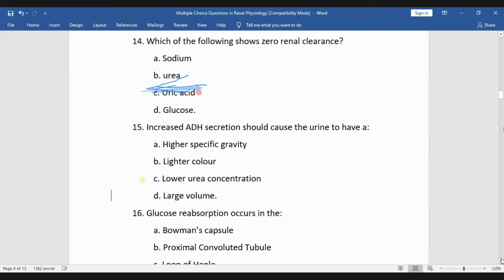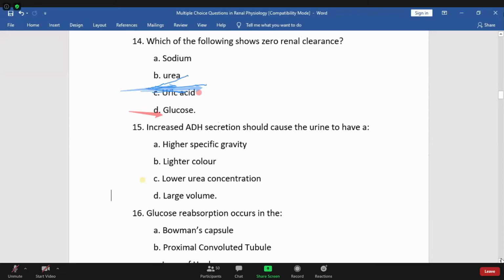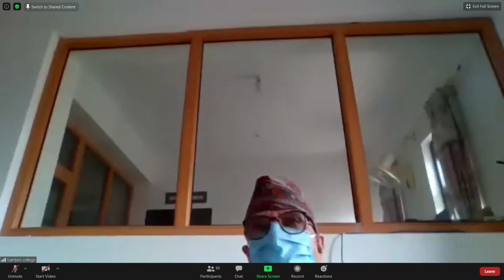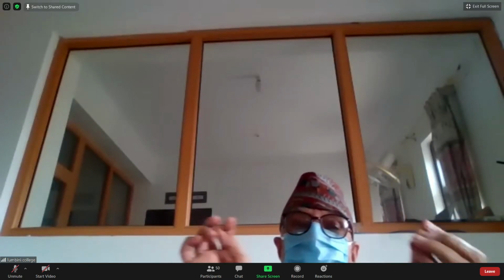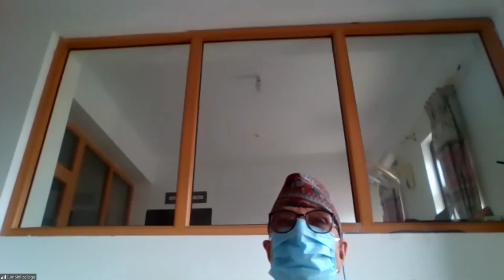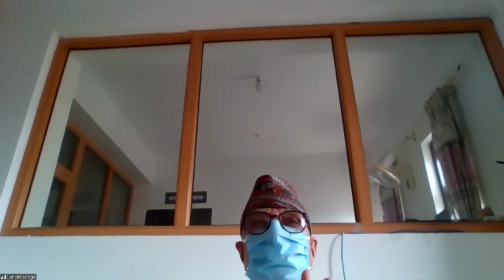Some of the sodium is not cleared, it still remains in the plasma. Some of the urea is not cleared, it still remains in the plasma. Some of the uric acid too. Glucose is the only substance which clears completely. Therefore, the right answer for zero renal clearance is glucose. That is, glucose is completely reabsorbed.